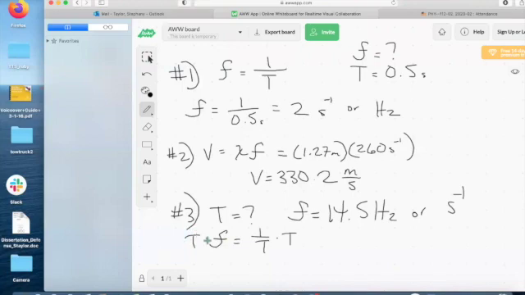Then to get t by itself, we divide by our frequency f. The t's cancel out on the right-hand side, the frequency cancels out on the left-hand side. So we're left with the time period being equal to 1 divided by the frequency.